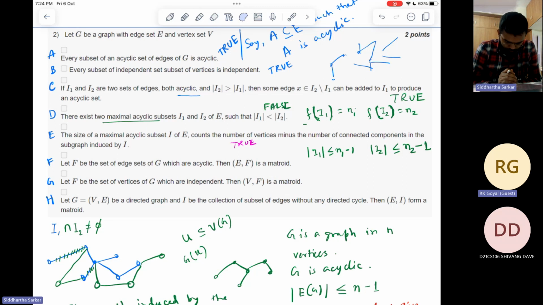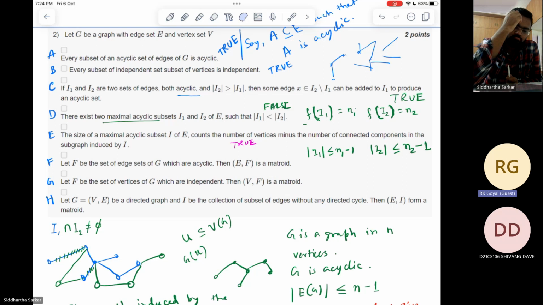There is no doubt. Then regarding the exchange property, if it is acyclic, not forming a cycle, and I take that, I think this is true. The exchange property is going to be followed.